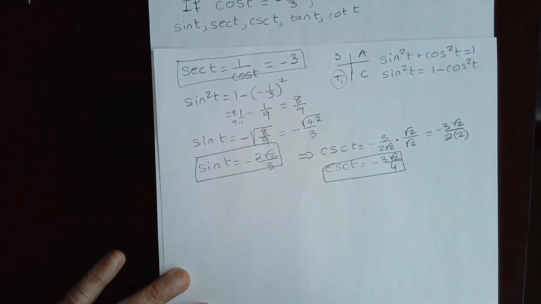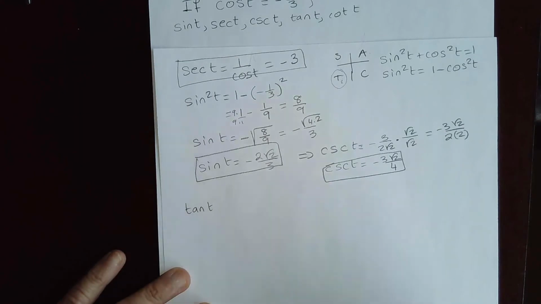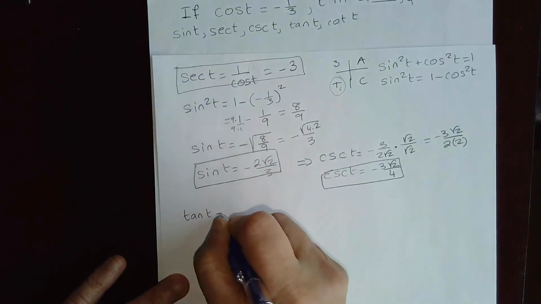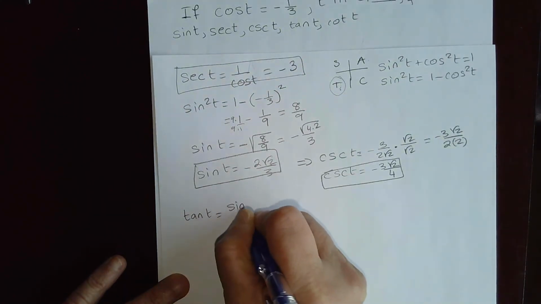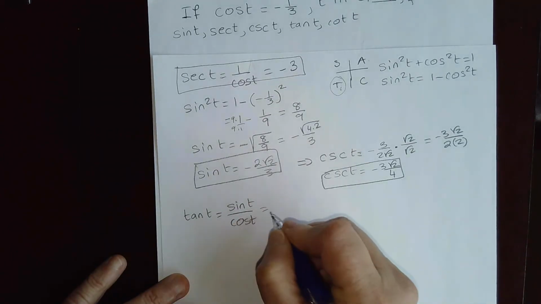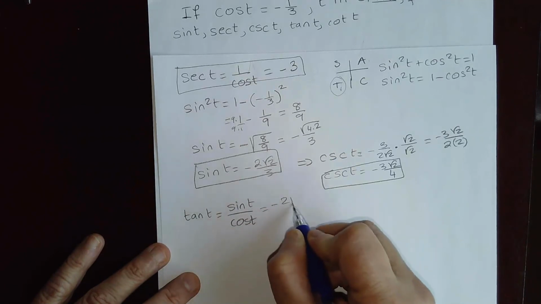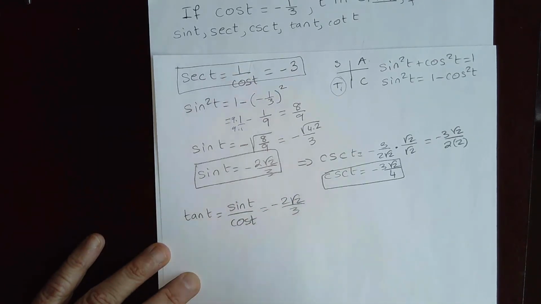Next, we need to find tangent and cotangent. So we can find the tangent t in a couple of ways. One way would be to divide the sine t by cosine t. So sine t, we just found here, this -2 square root of 2/3 divided by cosine t.